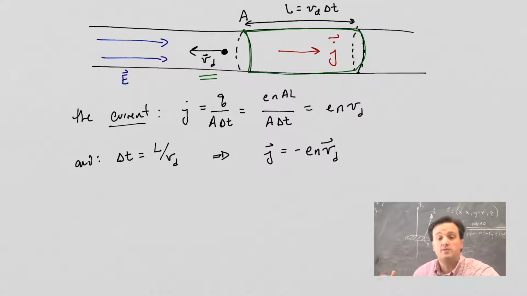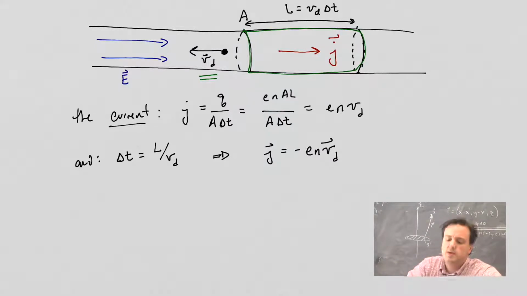That's all of those electrons that are pushed through that surface, which tells me that the length of the wire that's important to us here is given by the drift velocity times the time, right? So that whole distance of electrons is going to pass through the cross-sectional area in delta t.